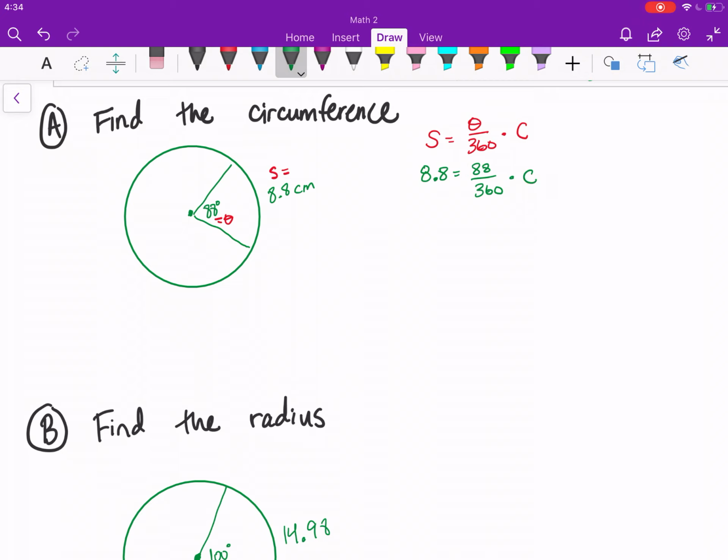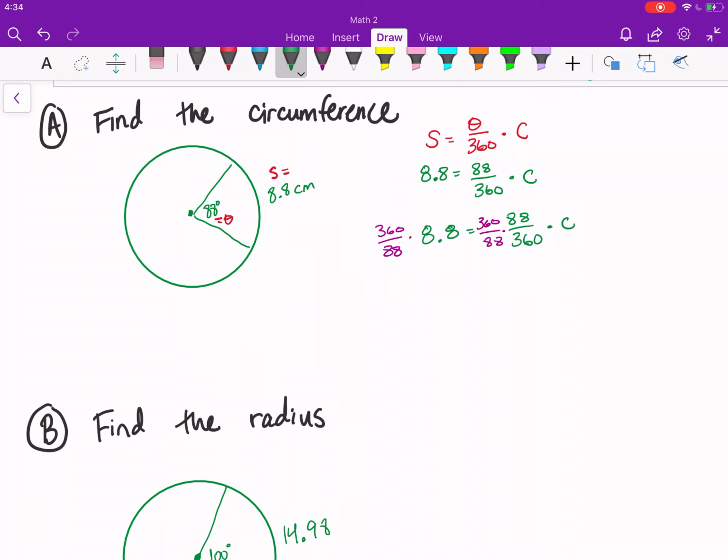circumference. So fractions can be a little tricky, and you don't even actually have to simplify this fraction to solve this problem. You can, and let me write it down right here. I'm going to give myself a little space. In order to get rid of a fraction off of that C, you can divide both sides by 88 over 360, or you can multiply by the reciprocal, which is what I like to do.